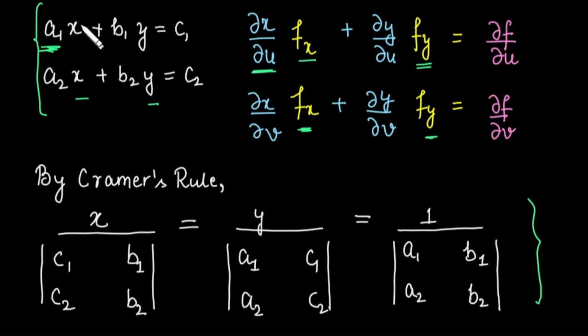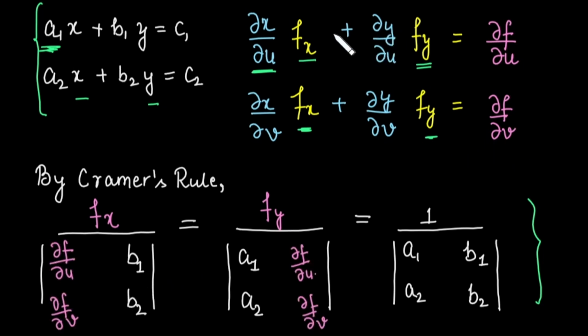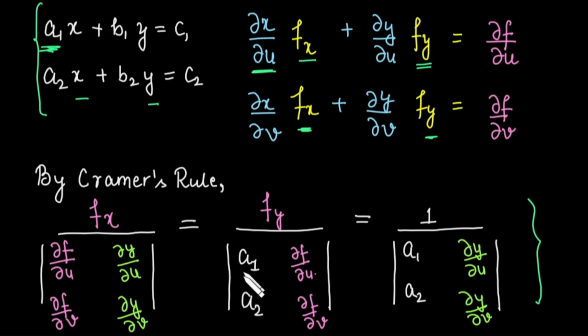In place of x, we have the partial derivative of the function with respect to x. In place of y, we have the partial derivative with respect to y, and this one is as it is. C1, C2 are replaced by the partial derivatives of the function with respect to u and v. B1, B2 are replaced by the partial derivatives of y with respect to u and v. And A1, A2 are replaced by the partial derivatives of x with respect to u and v.